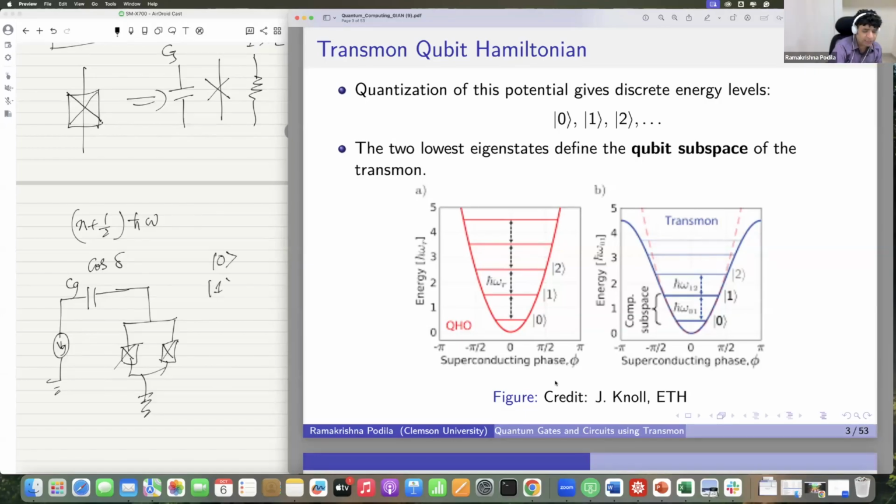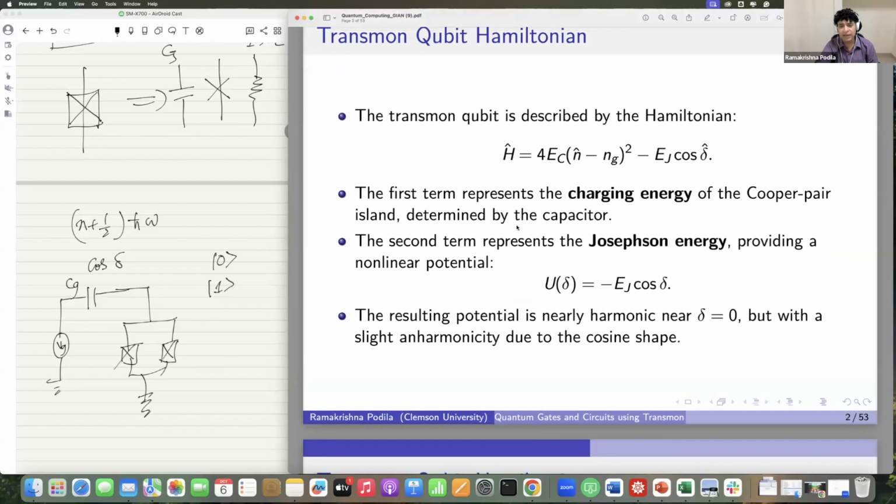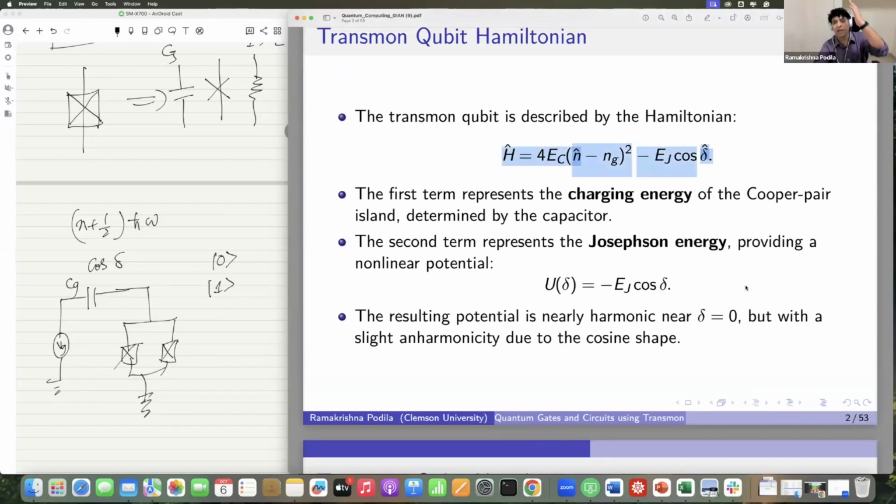Because we are accessing only the bottom two energy levels, we could simplify the Hamiltonian. We don't need to work with this entire Hamiltonian, which gives us all the energy levels. But we set our EJ, the Josephson energy. Recall that the Josephson energy goes like the critical current times phi naught by 2 pi.